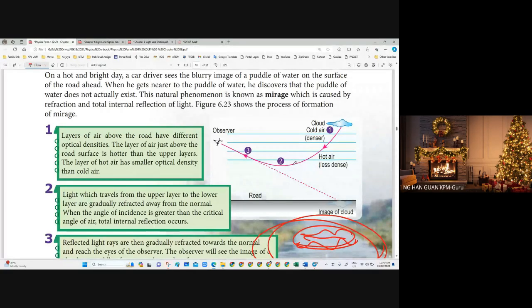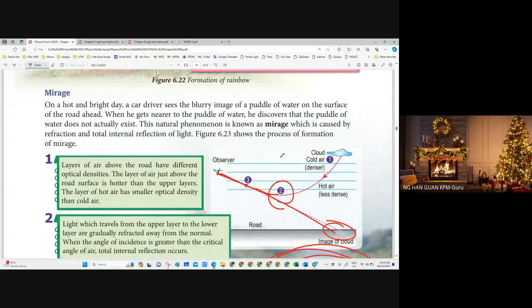When it bends away from the normal, it comes to a moment when the angle is more than the critical angle, so total internal reflection occurs. That is the moment at number 2. Total internal reflection occurs, so the light will be bent upwards, always bending away from the normal, and then at the end it comes into our eye. In the eye we see a straight line, so the image appears here. The image will be a virtual image. Okay, so this is what happens in a mirage.